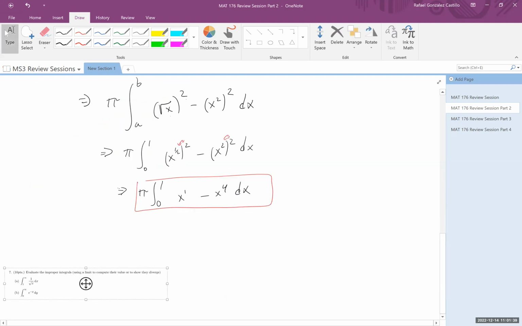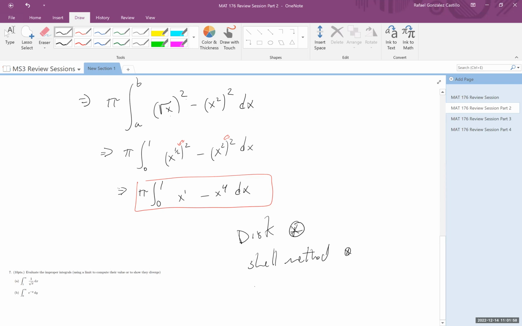You have 3 methods for this problem that you could be asked for, right? We have this method, which is the one you're most likely to be asked to do. You have the shell method, which is second most likely. And then finally, you have the washer method. Actually, the washer method is more likely than the shell method.